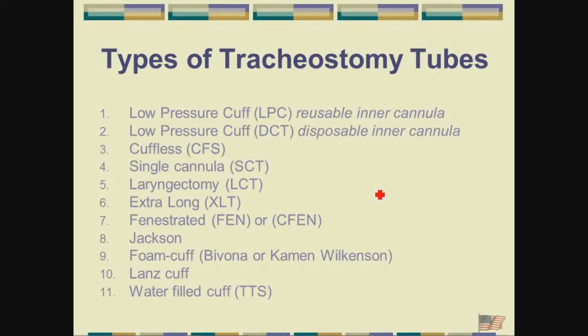Tubes can be cuffless or cuffed. Tubes, like I said, can be single cannula or multi-cannula. Tubes can have a special opening, and Mary will talk about this in the fall, but if this is my tracheostomy tube, here's my cuff. There's certain tubes that have a hole there, so when the inner cannula is removed, here's my inner cannula, when I remove that, I now have an opening to use.